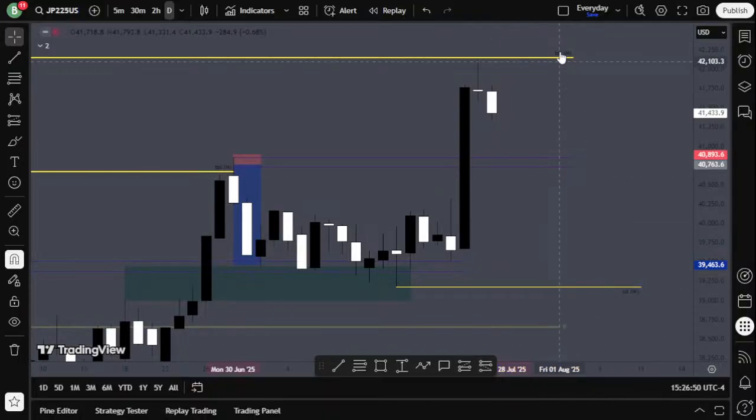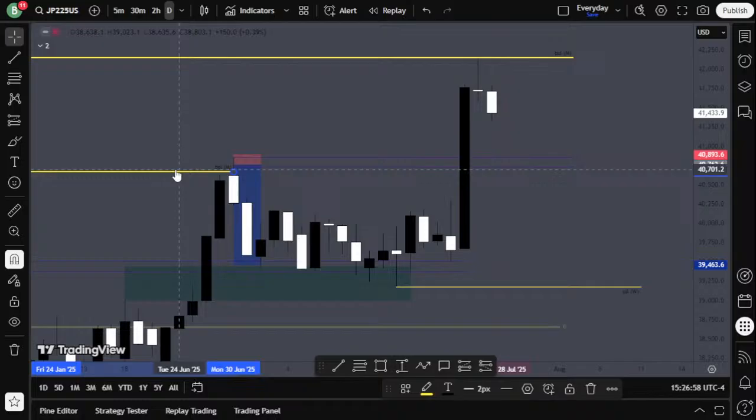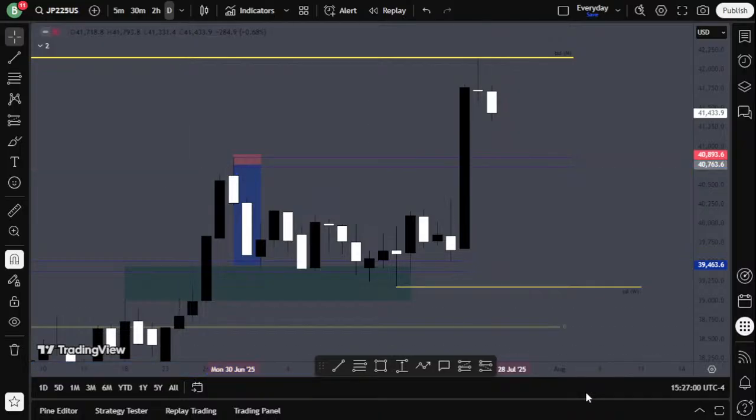This is weekly sell side. Got buy side over here. Previous month's, well, not previous month's high, but buy side is taken here. So I guess we could take this off. And what do we have?